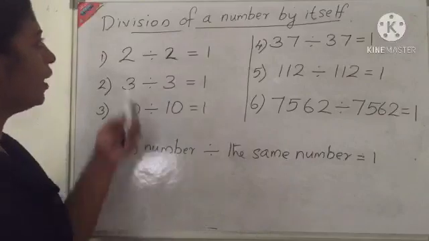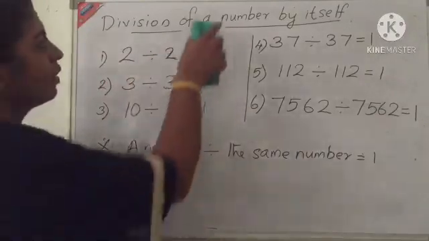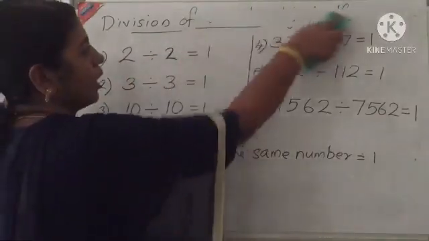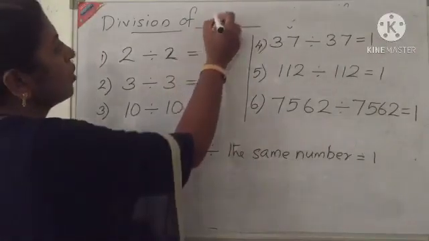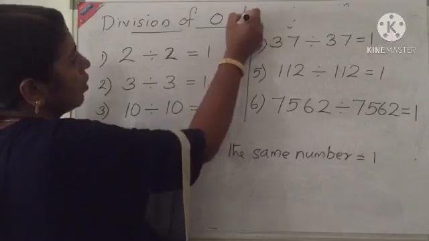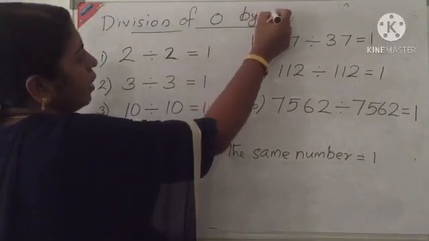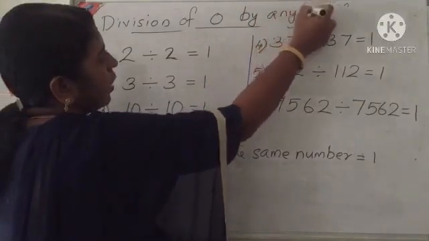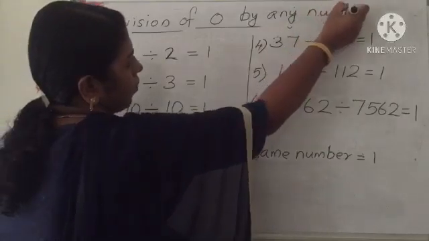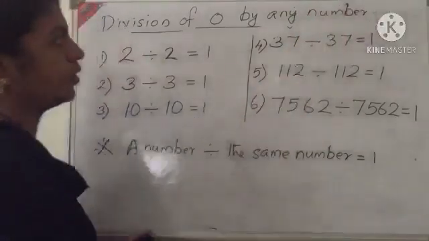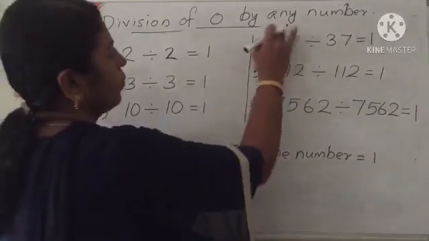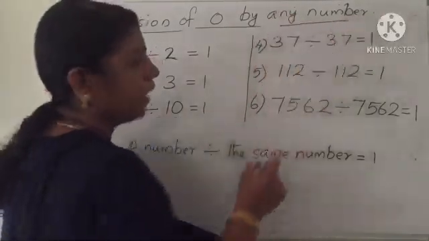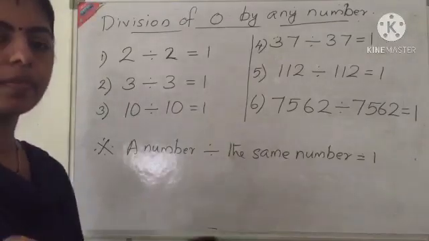Then next one, division of 0 by any number. Division of 0 by any number.